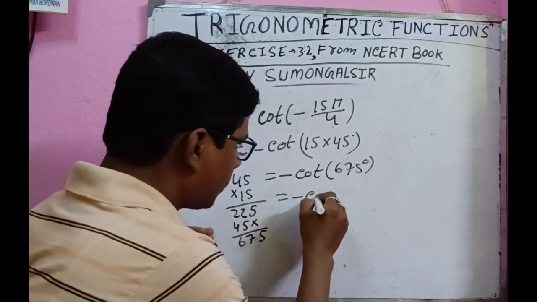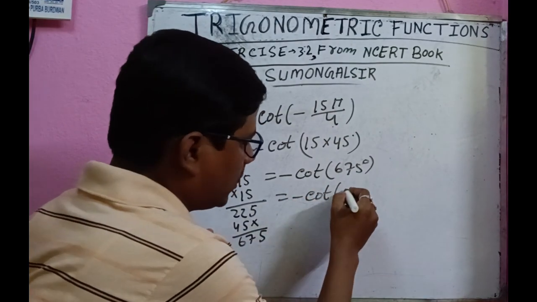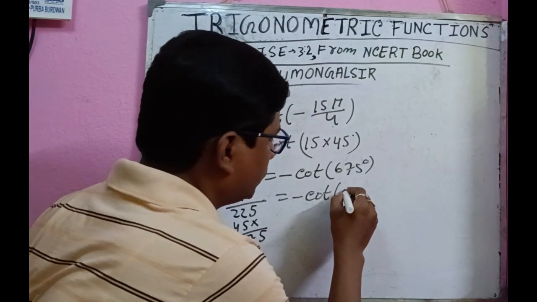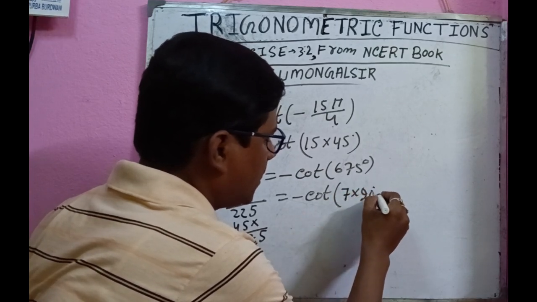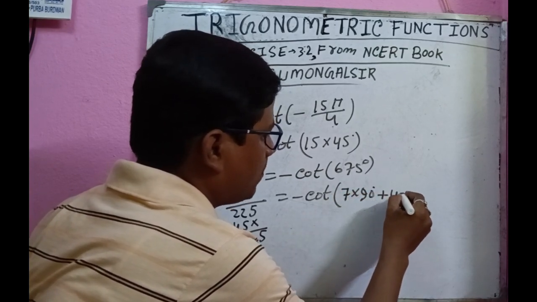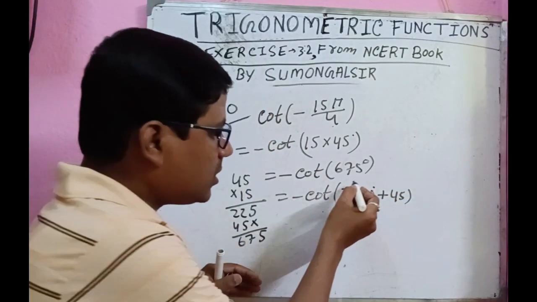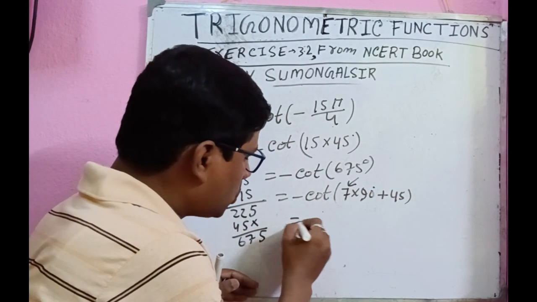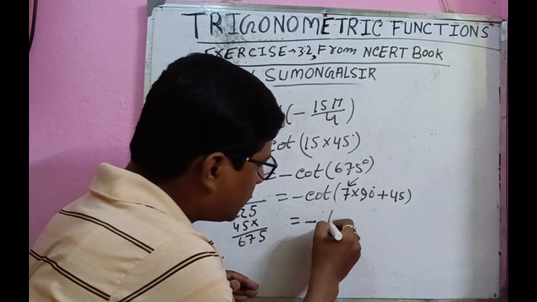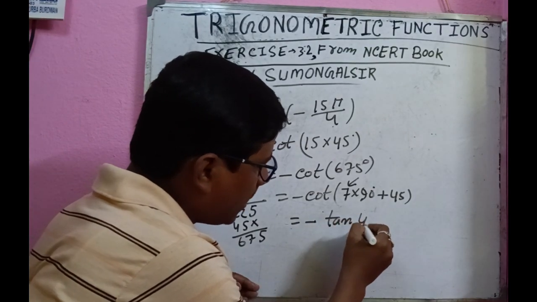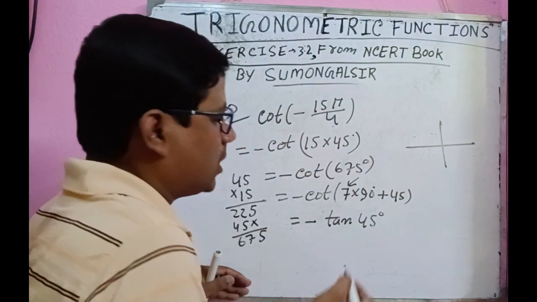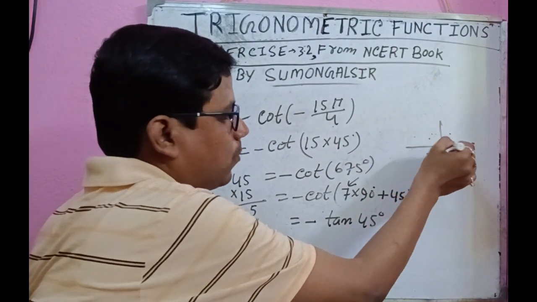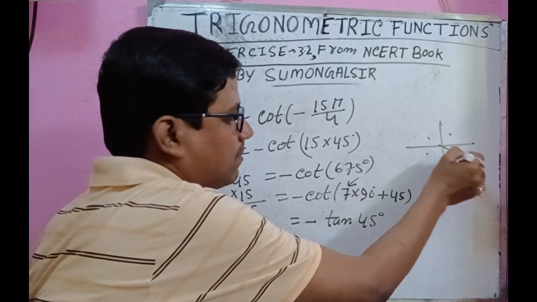Now further calculating, we get 7 into 90 plus 45. This is odd, so cot will become tan. Tan 45 is there. Now we are looking for the position 1, 2, 3, 4, 5, 6, 7 plus something.